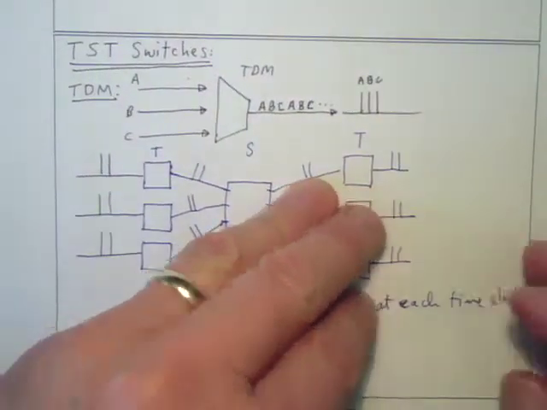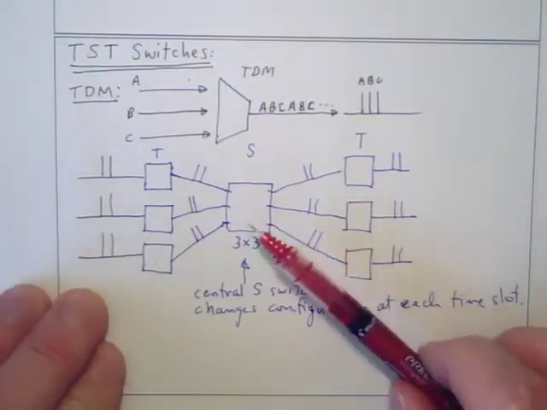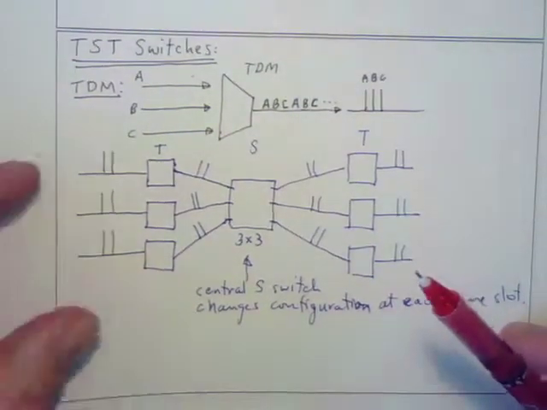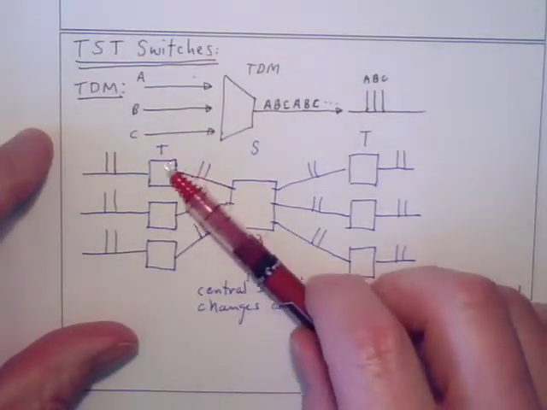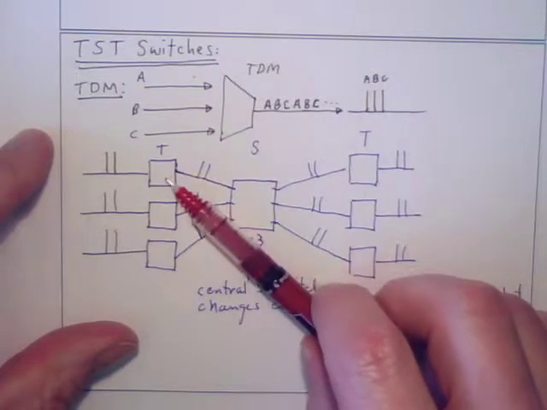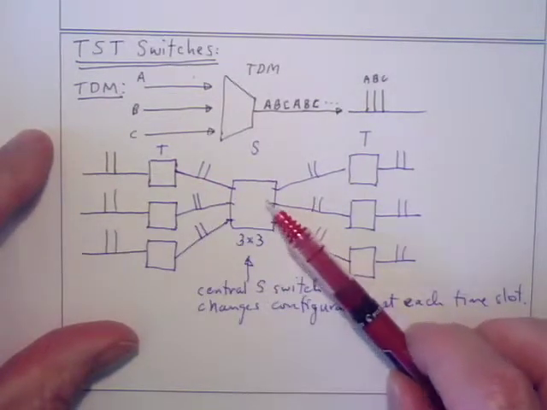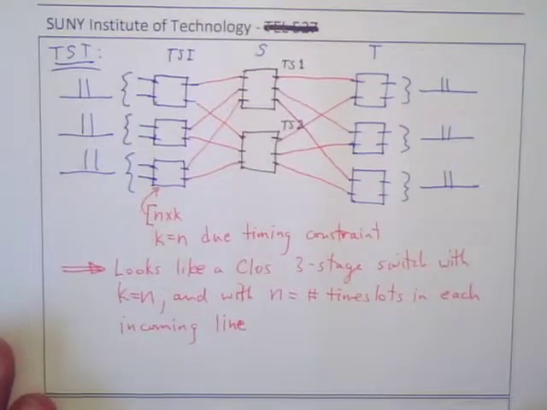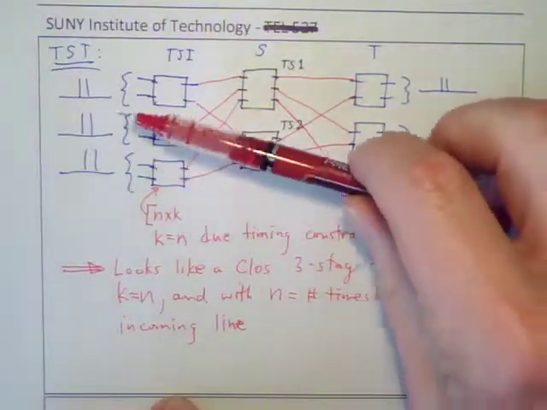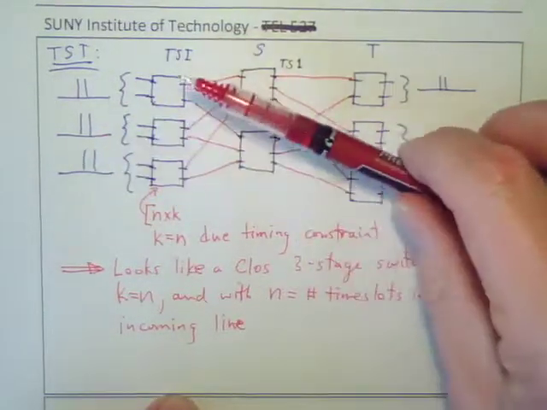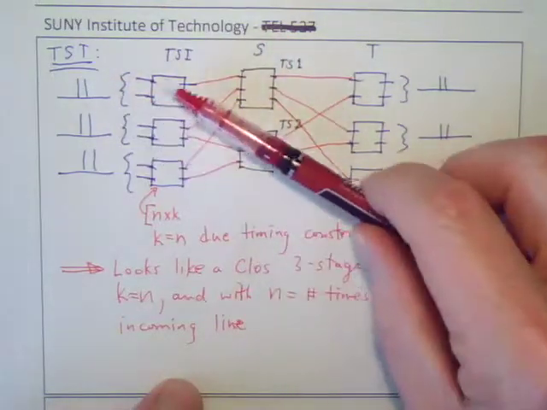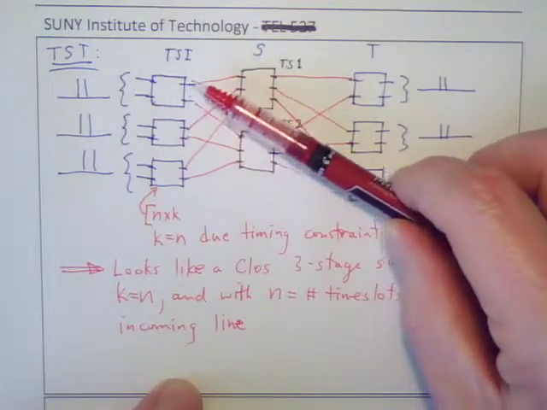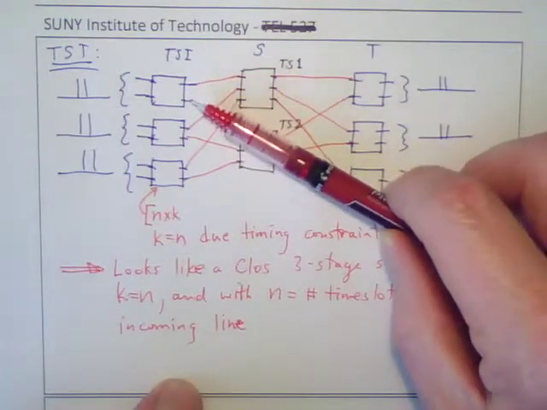Instead of drawing our 3 by 3 switch and saying it has to change its configuration at each time slot, I'm going to draw these time slot interchanges as 2 by 2 switches, and then I'm going to draw 2 copies of the 3 by 3 switch, 1 for each time slot. So now I've got the same 3 input lines, and each time slot looks like a separate input to a 2 by 2, and similarly the same number of time slots on the output of a 2 by 2.